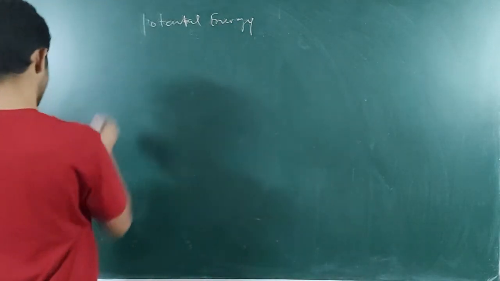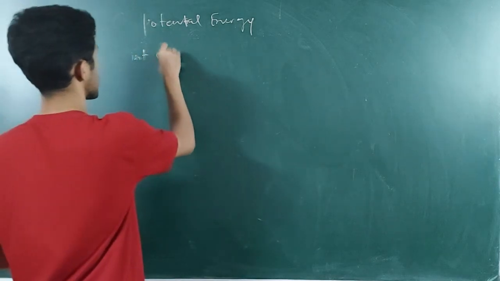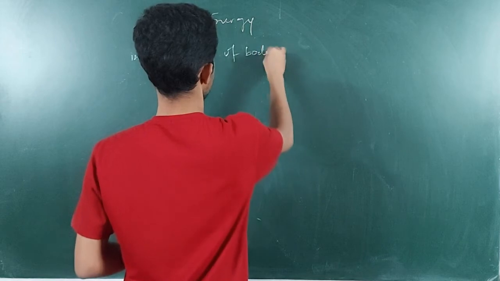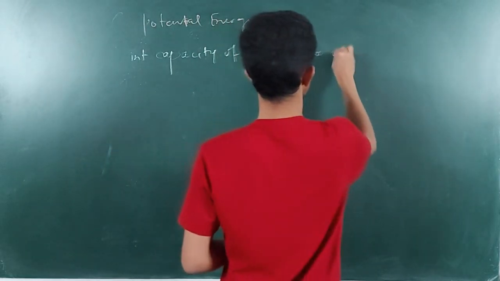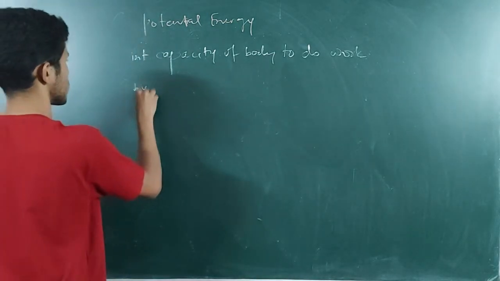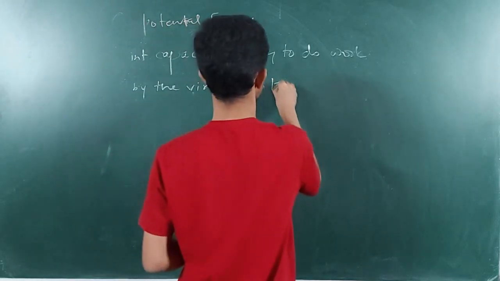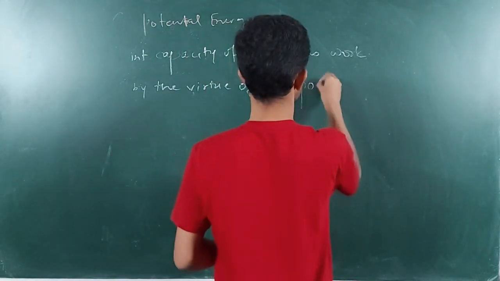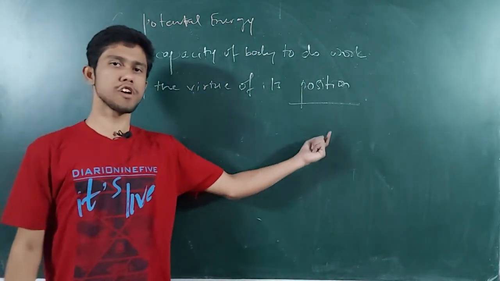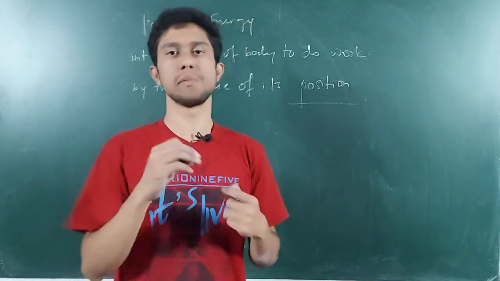So I'll write it is the internal capacity of body to do work by the virtue of its position. So the position is the most important point. If the body has different positions, the potential energy it will possess will be different.